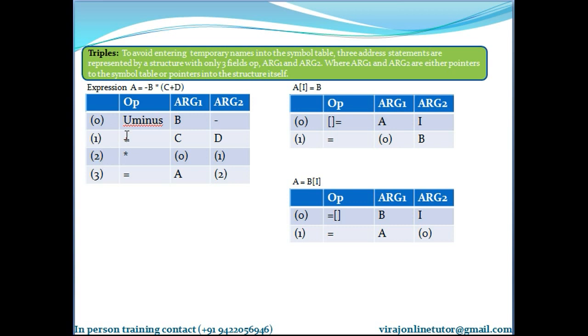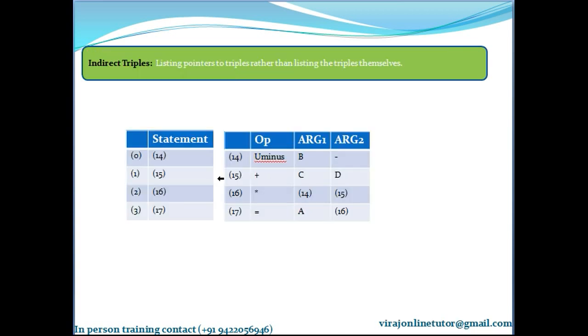So in triples, moving a statement that defines a temporary requires us to change all these pointers to this statement in the argument 1 and argument 2 arrays. So we have introduced indirect triples. In indirect triples, no such problem exists. To move a statement, we simply have to reorder the statement list.